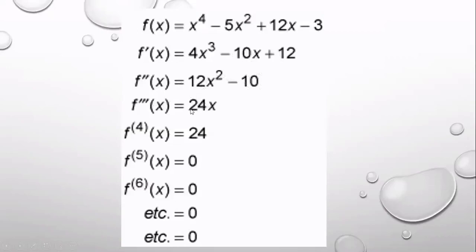Then 24x, the fourth derivative is 24, the fifth derivative is 0. So I will ask you, what is the fifth order derivative of this function? It should be 0. Sometimes I will ask for the derivative of a function that is 0, and you tell the fifth order derivative. Okay, all are 0, right?